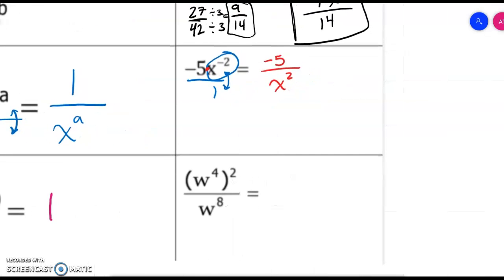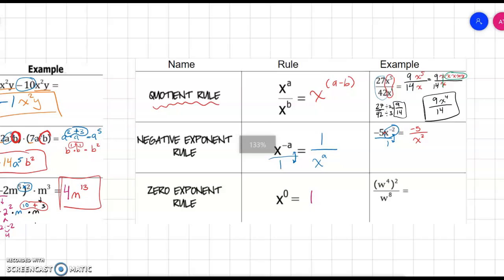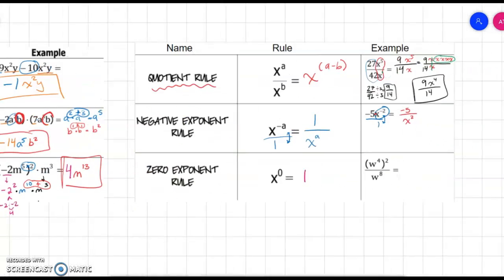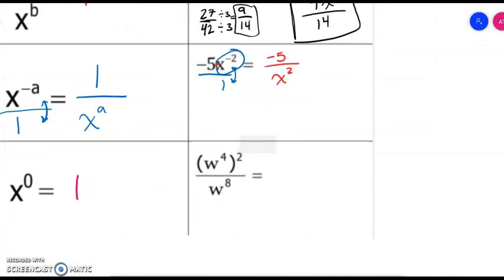So first I need to do my rule where I multiply, which would be my power rule, because we have an exponent on the inside and an exponent on the outside, meaning I'm going to multiply. So I have w to the power of 8 over my original w to the power of 8.